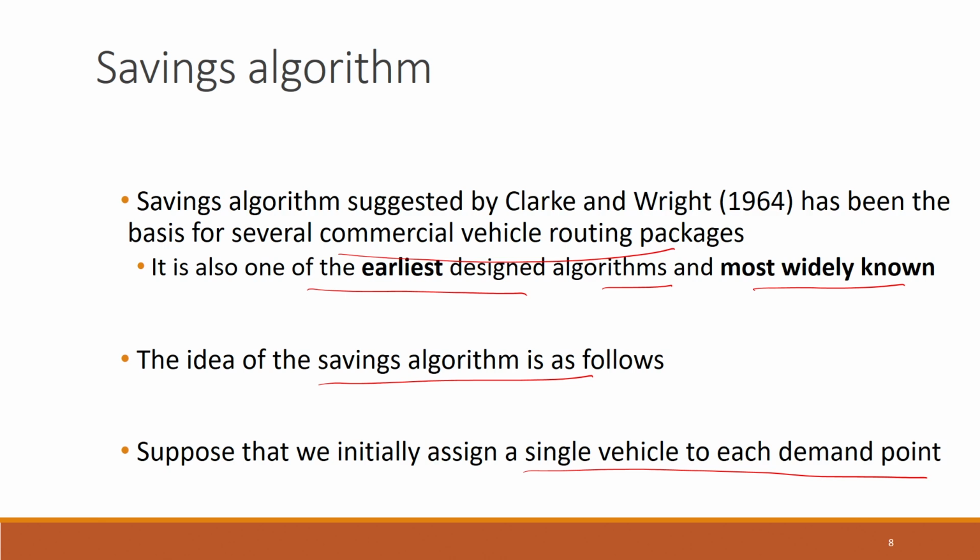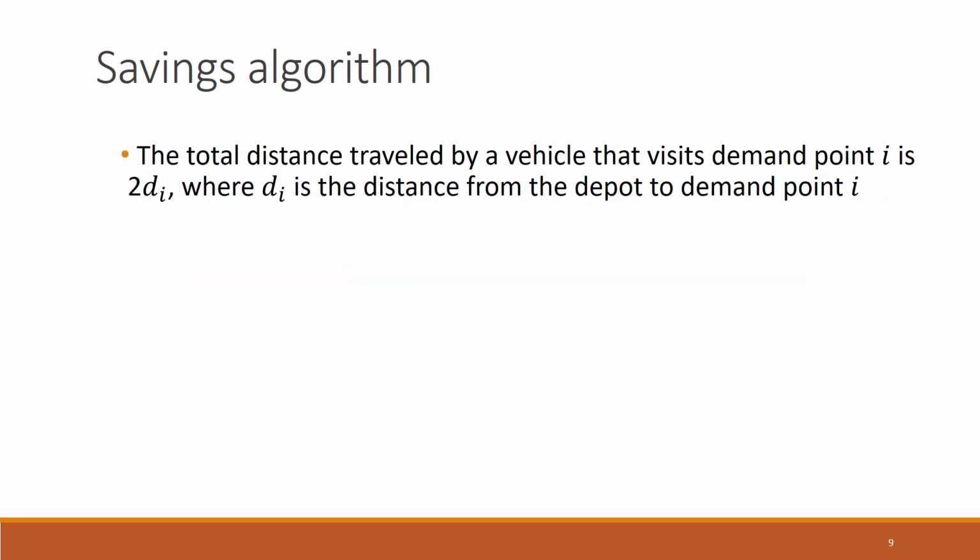So, in ITP algorithm we had a single tour and then we were partitioning it to various segments, so that every segment corresponds to a single vehicle. Now, we are first assigning a single vehicle to each demand point here, okay, and then in a particular way we will be clubbing together these different demand points or customers, so that they can be served by single vehicles. Now, how to do that clubbing or that agglomeration is specified by this savings algorithm.